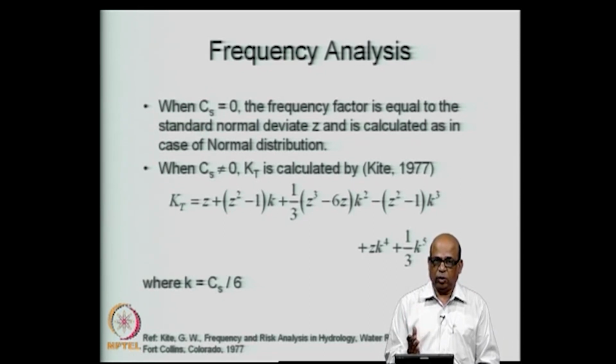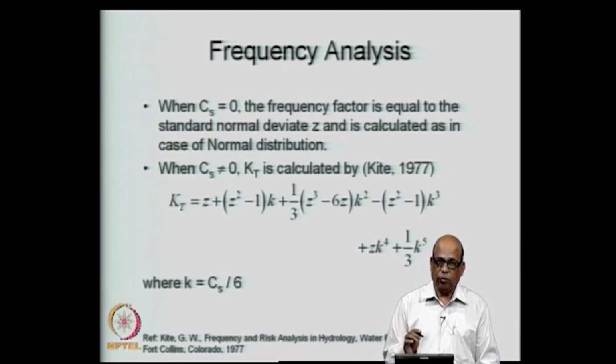What does it mean? Recall that it is a symmetric distribution. So, when you have a symmetric distribution for the log Pearson type 3 distribution, you still use the method of the normal distribution. That means, use the same frequency factors as the normal distribution and then proceed, as long as your distribution is symmetric, C s is equal to 0.